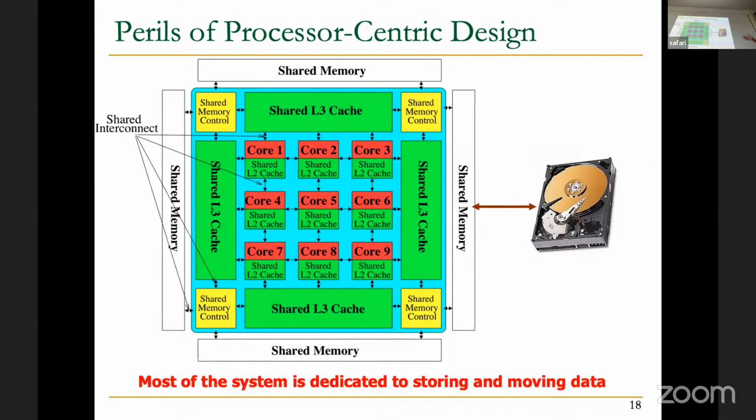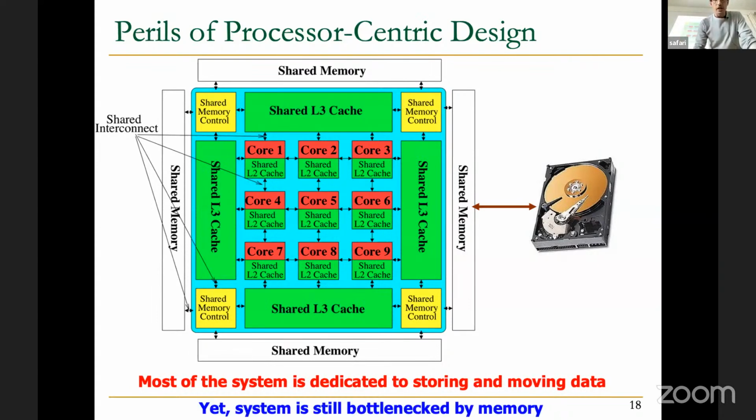An example of that is that if you look at some pictorial representation of the internals of a multi-core CPU, such as the picture that you have on the screen, you will see that most of the area of this processor is devoted to memory, either on-chip memories, as we can see, the shared L2 cache, the shared L3 cache, or access to memory, right? Like, for example, these shared memory controllers. And these memory controllers are designed to access an external shared memory, as well as some storage devices.